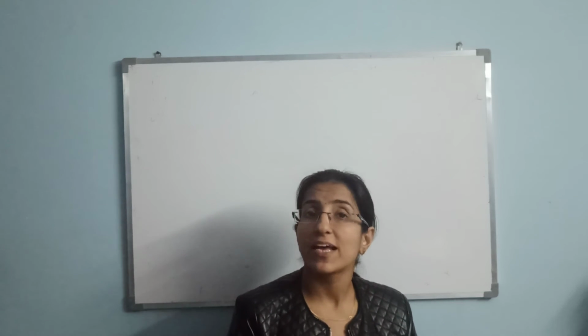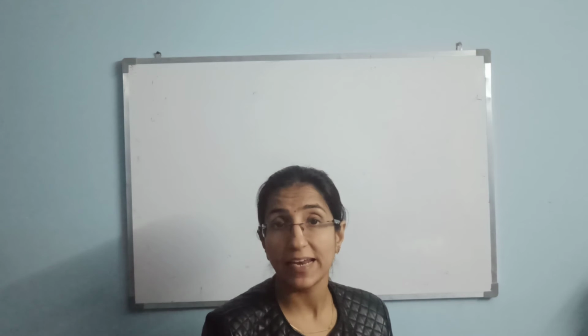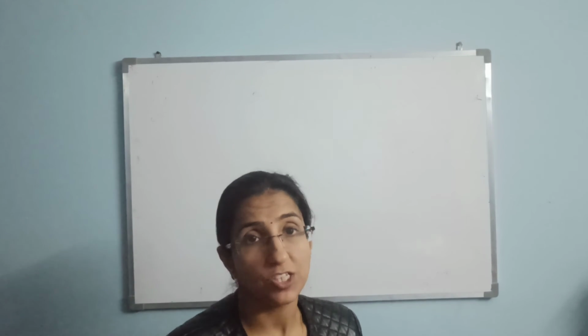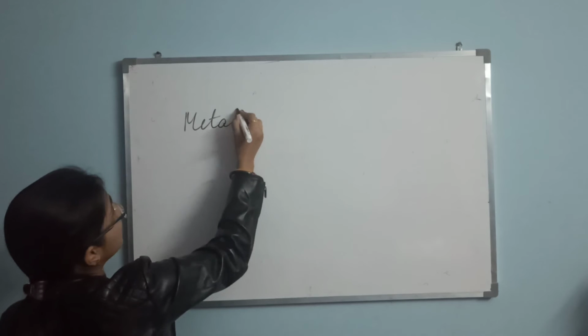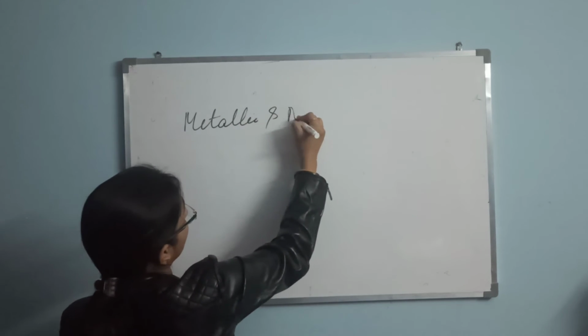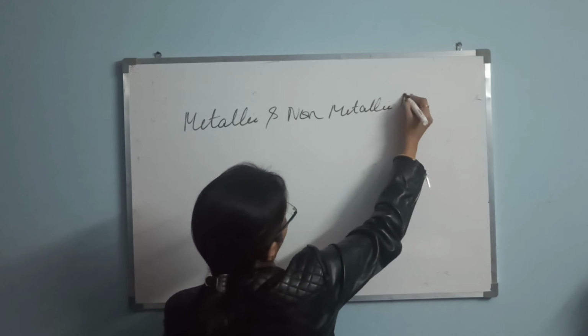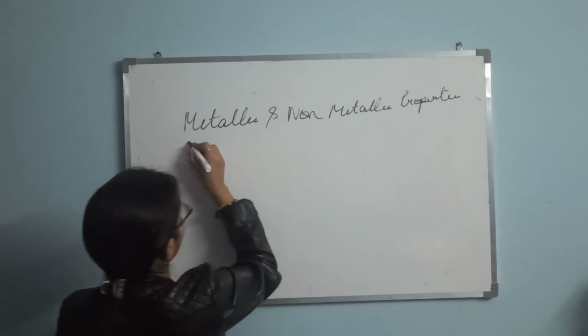And the noble gases which are present in group 18 have the octet complete with 8 electrons, except helium, which has 2 electrons in its valence shell. Fine. Now about the metallic and non-metallic property.